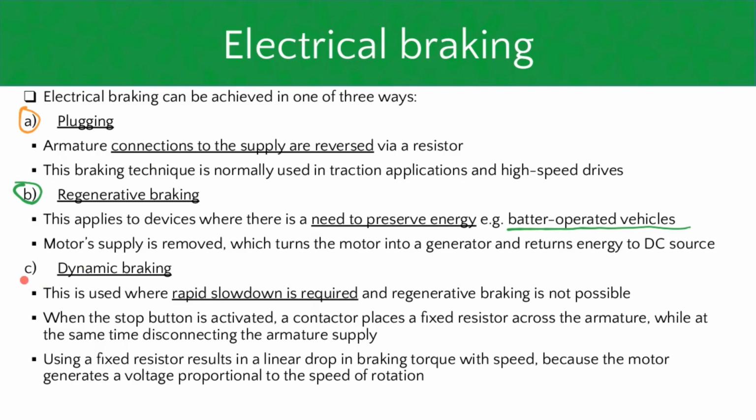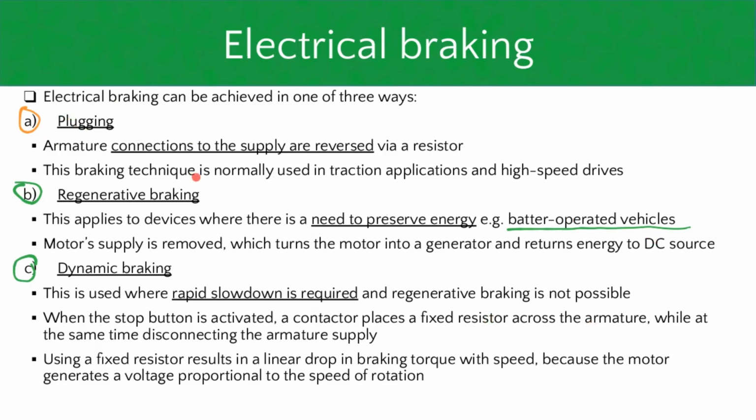Then you have dynamic braking. This is typically used where you need a rapid slowdown, something like an emergency stop, and in cases where regenerative braking is not possible or not safe to do. If you have the stop button activated for a certain motor, a contactor places a fixed resistor across the armature, very similar to plugging.